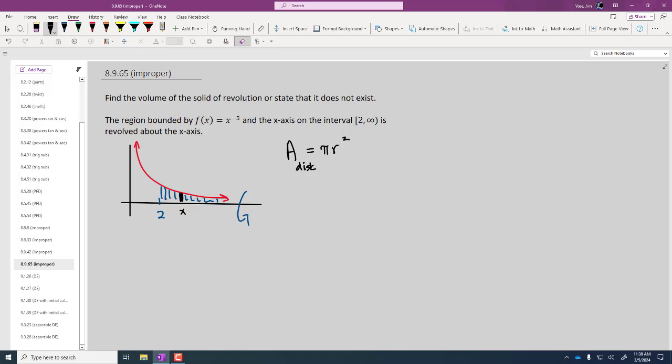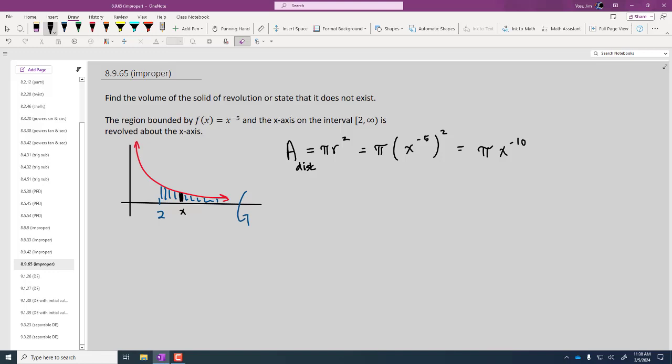And what is playing the role of the radius here? X to the -5, yep. So this is going to be pi times the radius, which is the function x to the -5, squared. So we're going to get pi times x to the -10. Multiply the exponents.